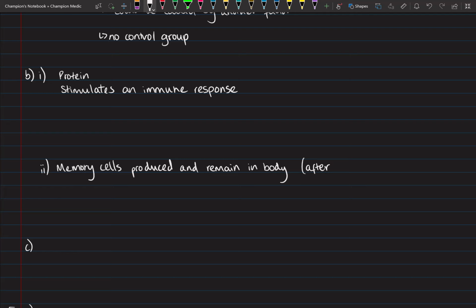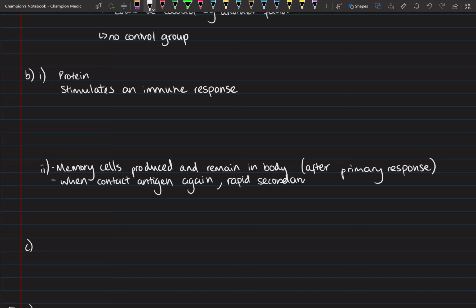So we know that the secondary response is going to be much more rapid, and we're going to see a higher rate of production of antibodies in the secondary response, because of the memory cells. And as a result of that, you can produce more antibodies, you're able to destroy the antigen or the virus before it can create more symptoms, and that's important.